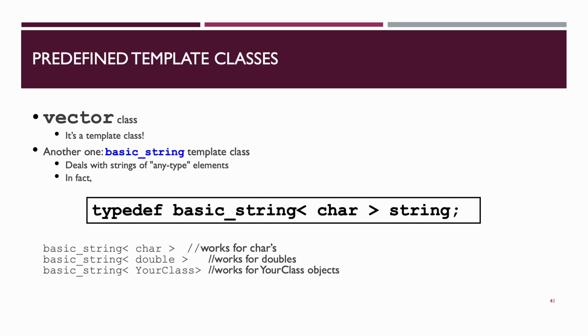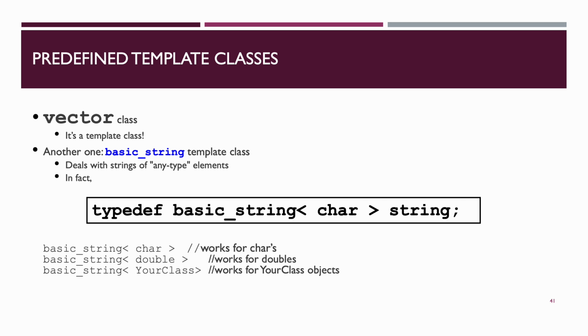So the first one is basic_string<char>, basic_string<double>, and then basic_string of your own class. That will work like that.